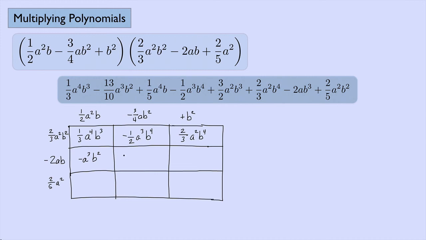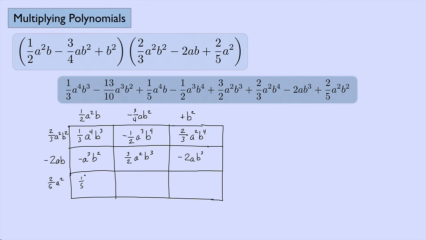This one's going to be positive. The 2 and the 4 are going to cancel and leave a 1 and the 2 here. So this is going to be positive 3/2, and that'll be a squared b cubed. This one here is going to be negative 2a and then b cubed. This one down here, the 2's will cancel, I will get 1/5.